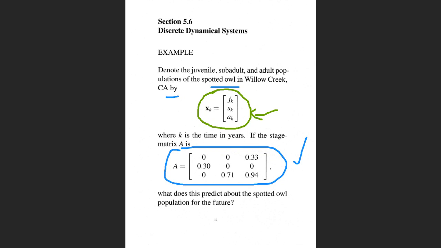The units of this could be in thousands or so forth, but yes, that's what that means.